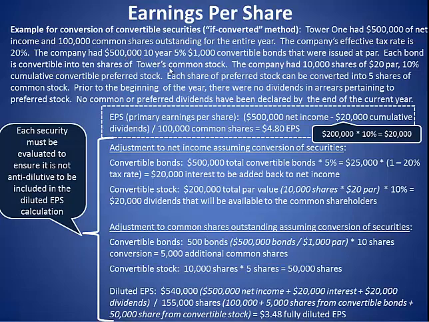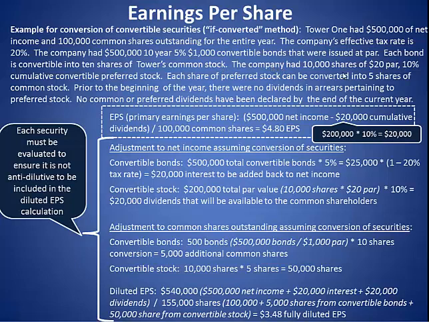Now in this particular case, each of those bonds is convertible into 10 shares of Tower's common stock. So if the bondholder wants to convert their bond into Tower's common stock, they have to submit that bond to the corporation, and that debt then is extinguished, and the corporation issues the former bondholder 10 shares of Tower's common stock.